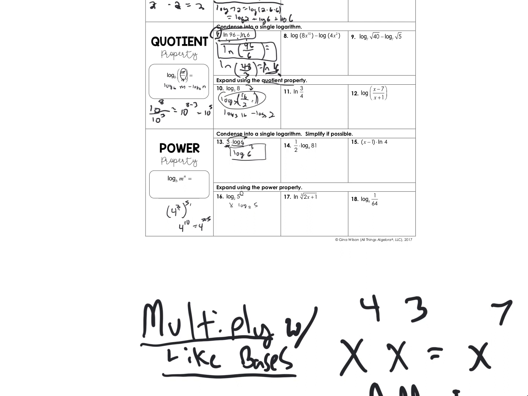And the division, the rule that you had in exponents was when you divide with like bases, you always take the top exponent and subtract the bottom exponent, which is why x to the 7 over x to the 4 is x to the 3. Now, if you had it the other way, x to the 2nd divided by x to the 10, 2 minus 10 is a negative 8.